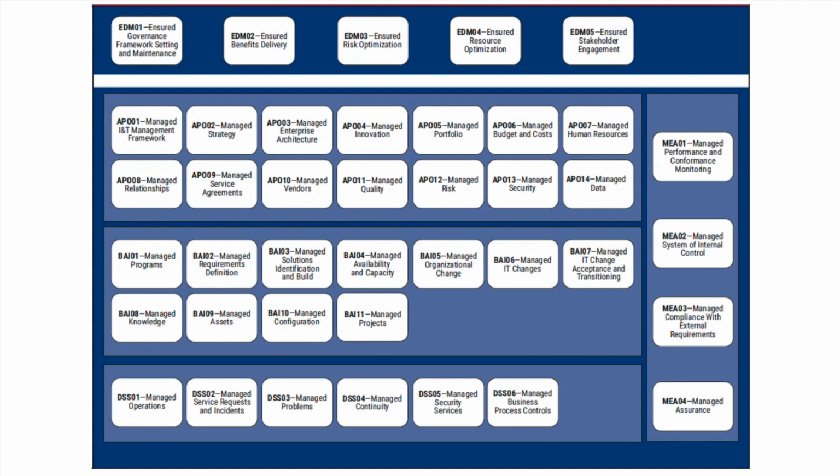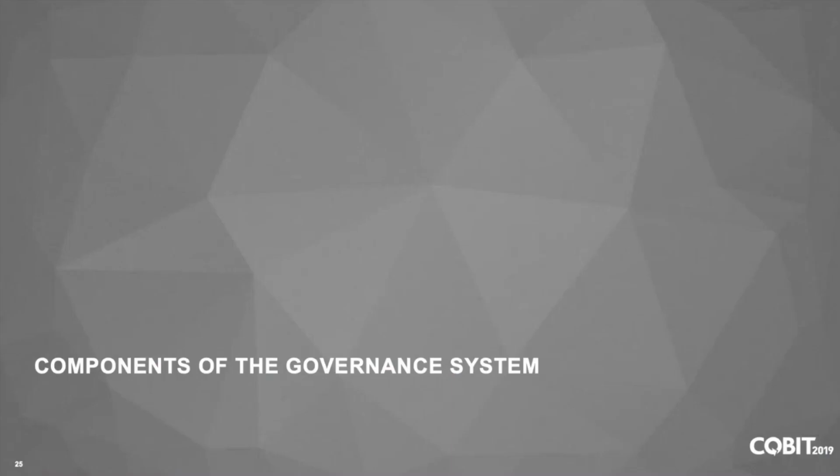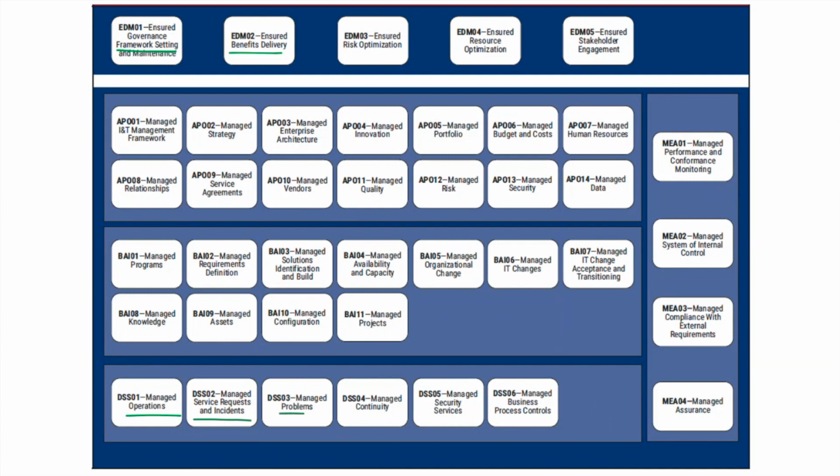And that starts all the way at the top. If you look, for instance, at elements like framework setting and benefits delivery, as well as managing risk, all the way towards more operational processes, like, for instance, service management, operations management, but also things like problem management. These are the more operational processes, and then everything in between.